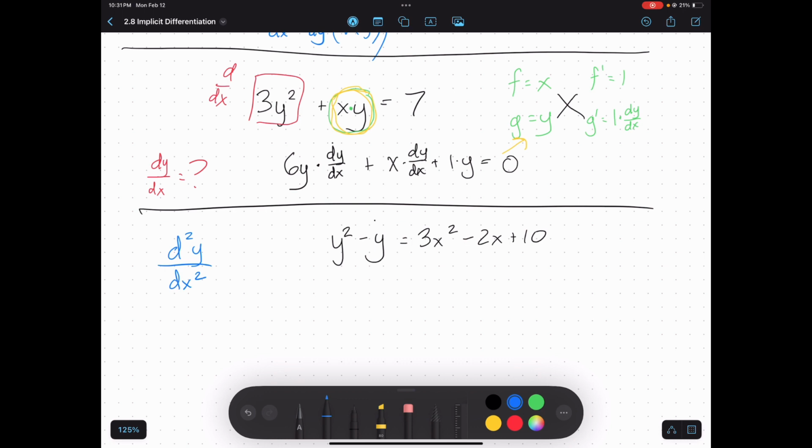How would I go about doing that? Well, the key to understanding how to get the second derivative is just recognizing that the second derivative, y double prime, is just taking the derivative of the first derivative, okay?